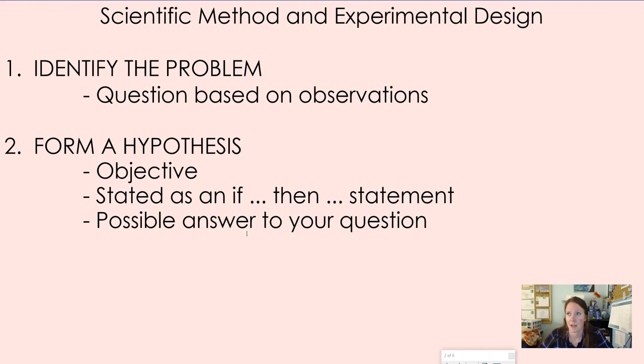So I might say something like, if sunlight affects plant growth, then plants sitting next to a window or in the sunlight would grow taller than plants growing in the dark or away from a window. It's a possible hypothesis stated in the if-then format. If tells me the answer to my question, then tells me how I'm going to test it. So let's get to that next step.